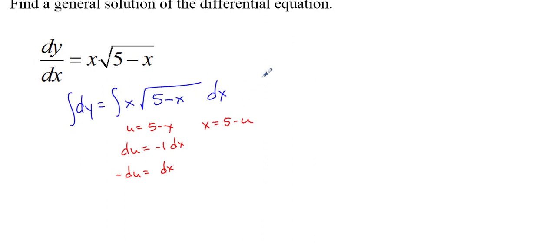So our new antiderivative then would be antiderivative dy equals, okay, we would have 5 minus u, and then square root u, du, negative out in front. Taking care of everything. Now, since there's one item underneath the radical, now I think we can distribute, right?